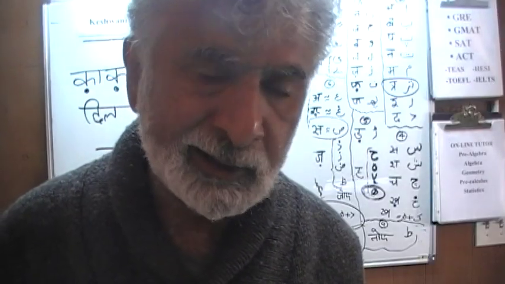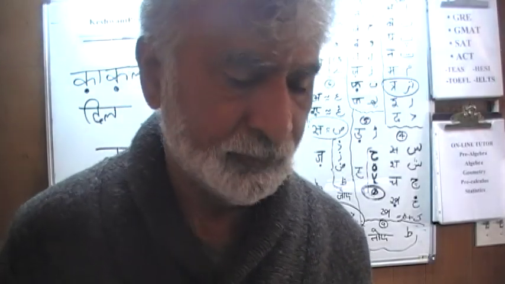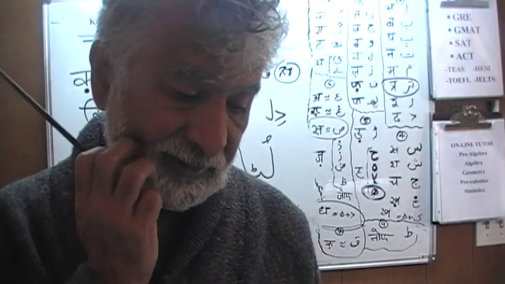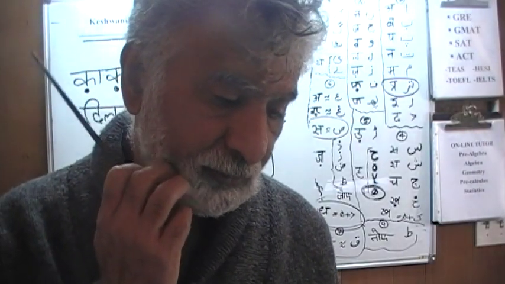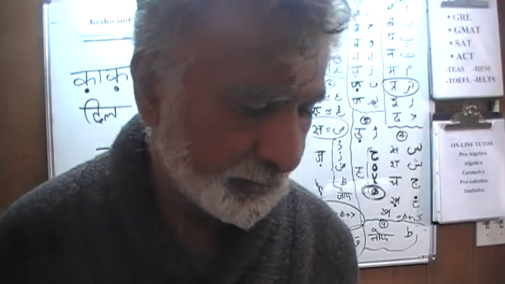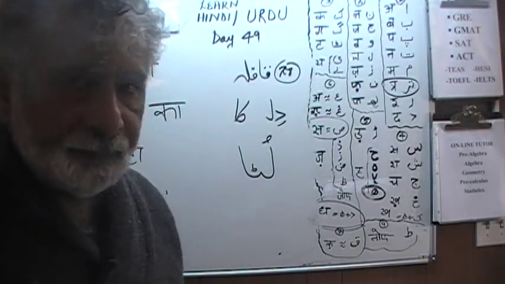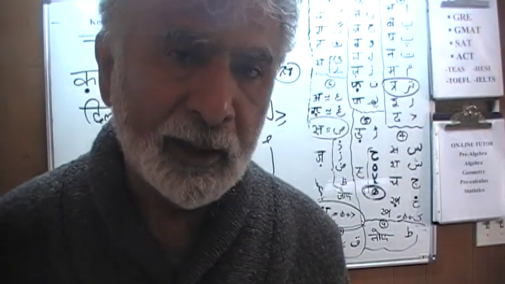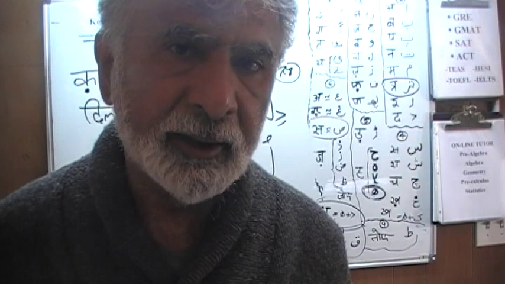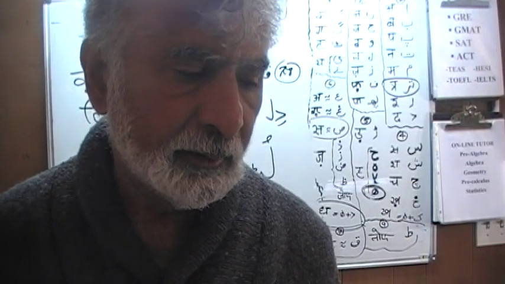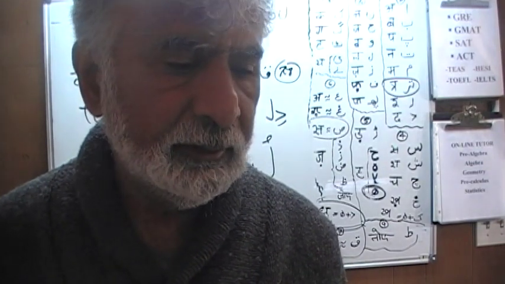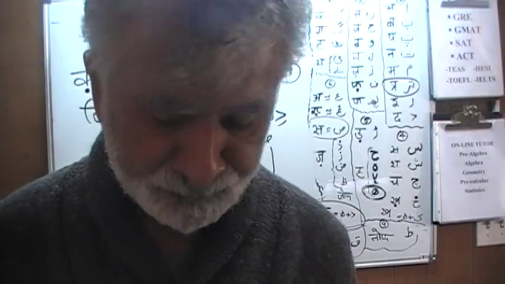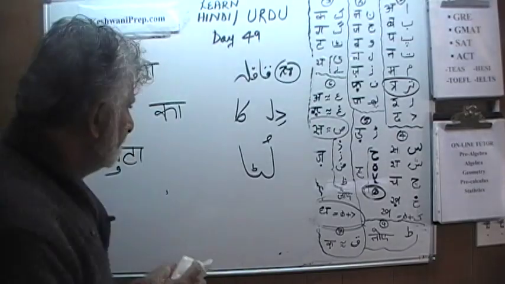Qafila dil ka luta. So the first line was ban ke har naqsh mita. Every outline, every image that I had in my mind as to how things would turn out between him and me was erased. Ban ke har naqsh mita. Qafila dil ka luta. Let's do the next line.